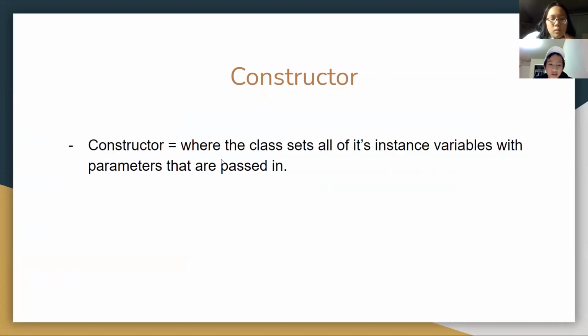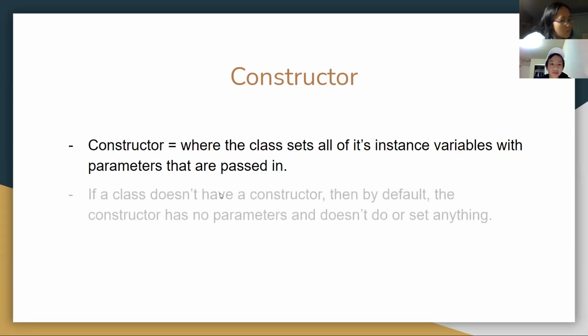So a constructor is where the class sets all of its instance variables with parameters that are passed in. Before, when we passed in 5, 3, and yellow, those are the parameters, and we set those to the instance variables gas, miles, and status.